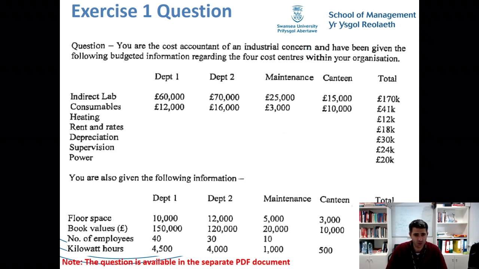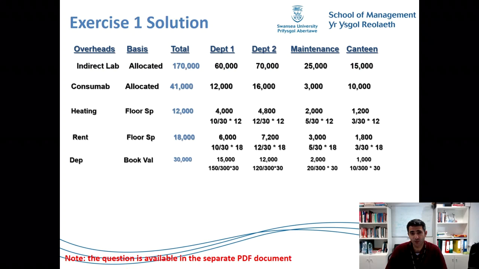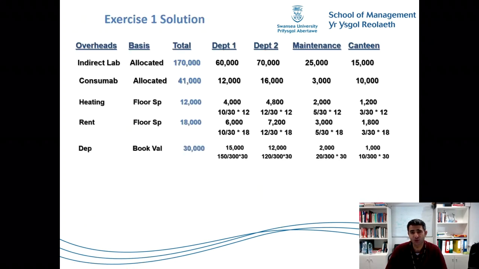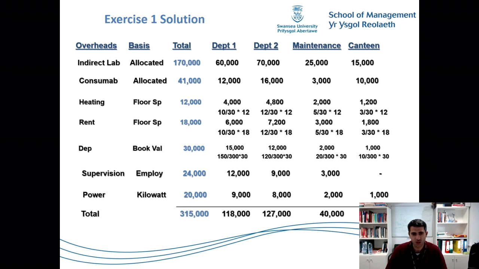So Department 1, you divide 40 divided by 80, and then Department 2, 30 divided by 80, and maintenance 10 divided by 80. And after you divide them all, you multiply by the total canteen cost, which is £30,000. And these are the numbers.